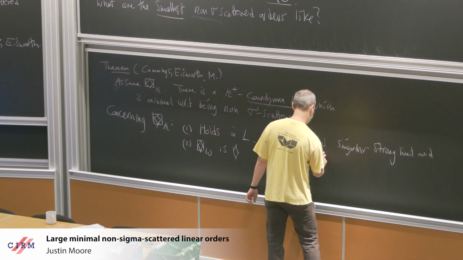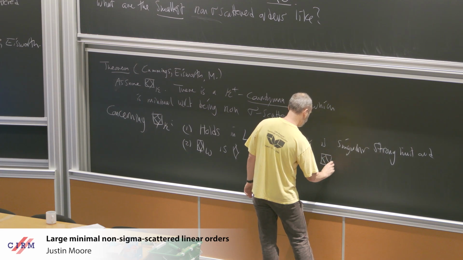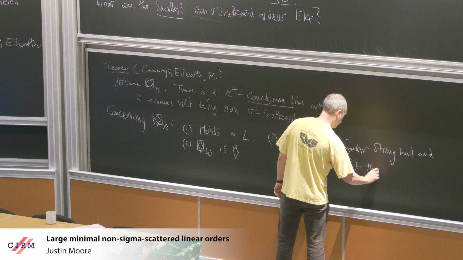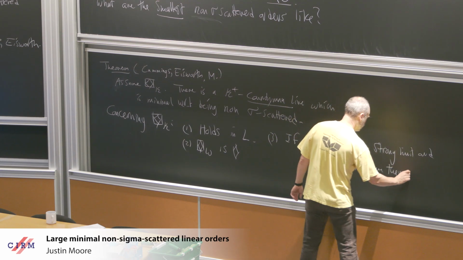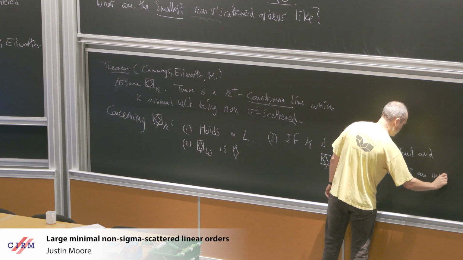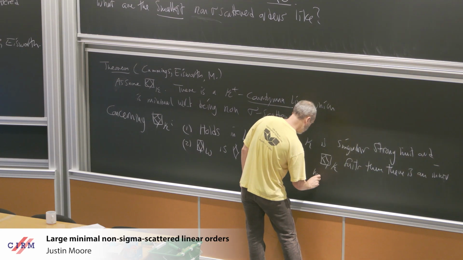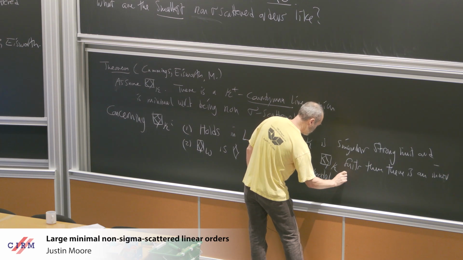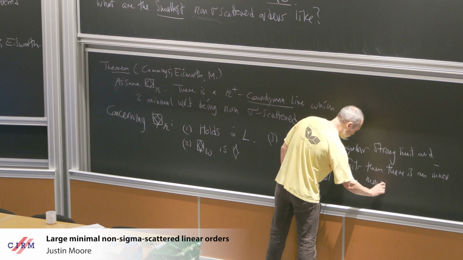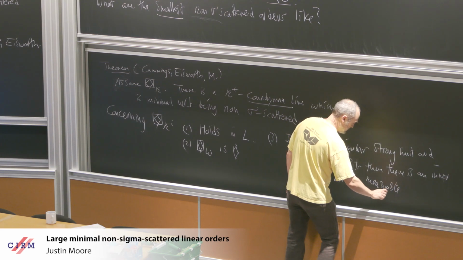and square kappa fails, then there is an inner model with a measurable kappa.